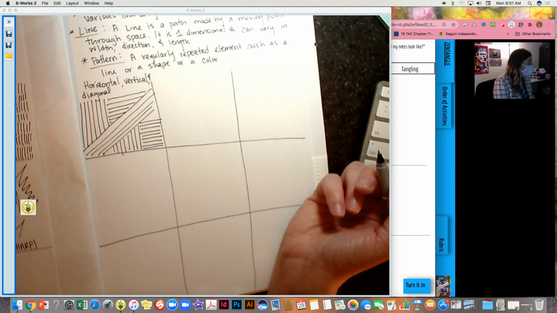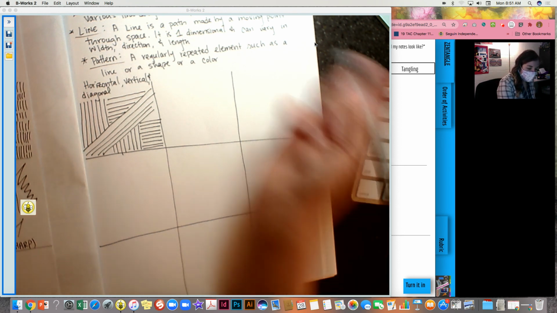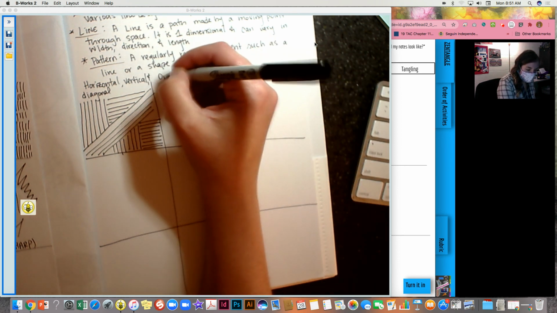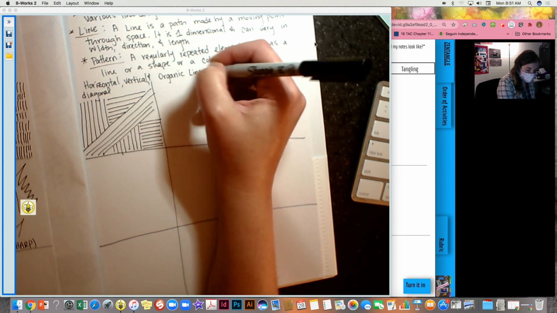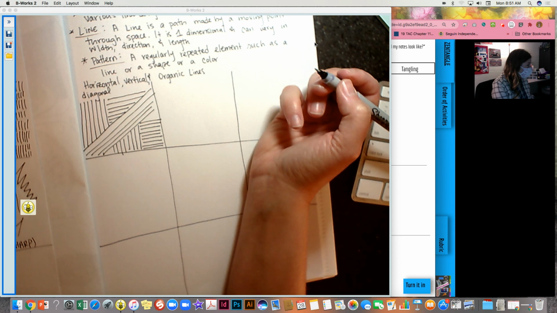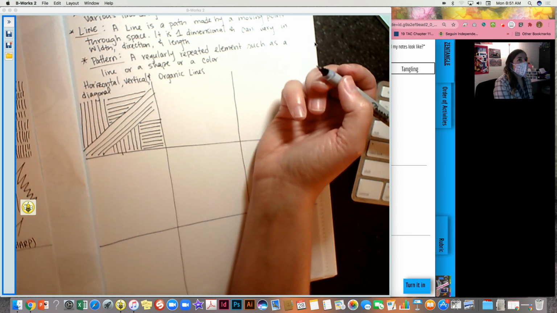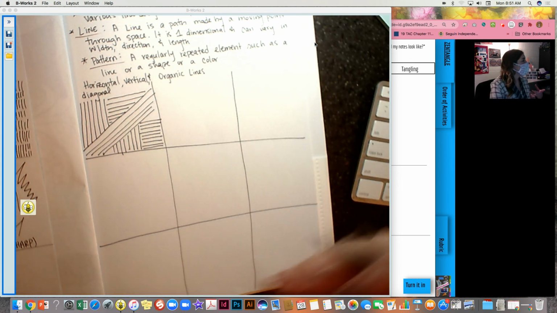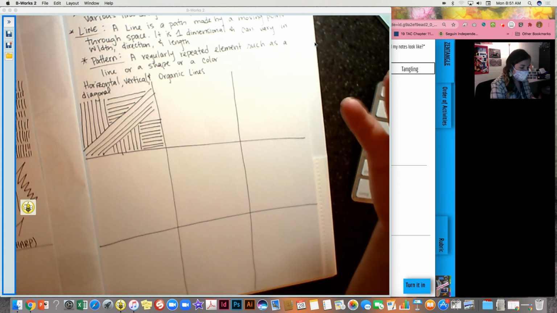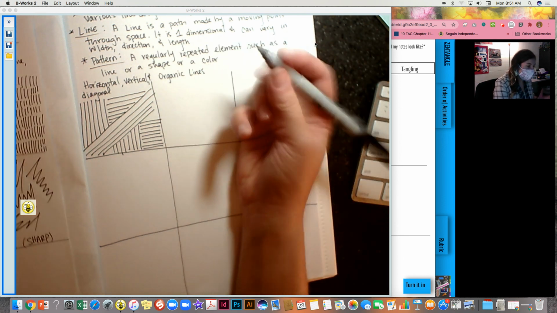Okay. So the next one that we'll do is organic lines. Organic lines are like wavy lines, right? They don't have much structure compared to a geometric line.